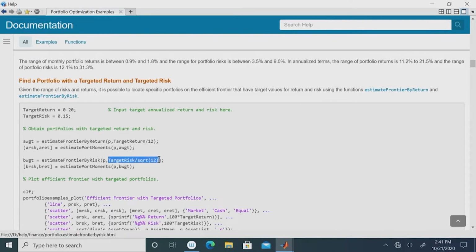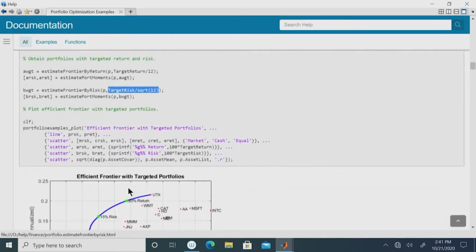Remember that I said that we have to divide this by square root of capital T. So, in this case we get the efficient frontier for the second case when our target risk has been set at 15%.